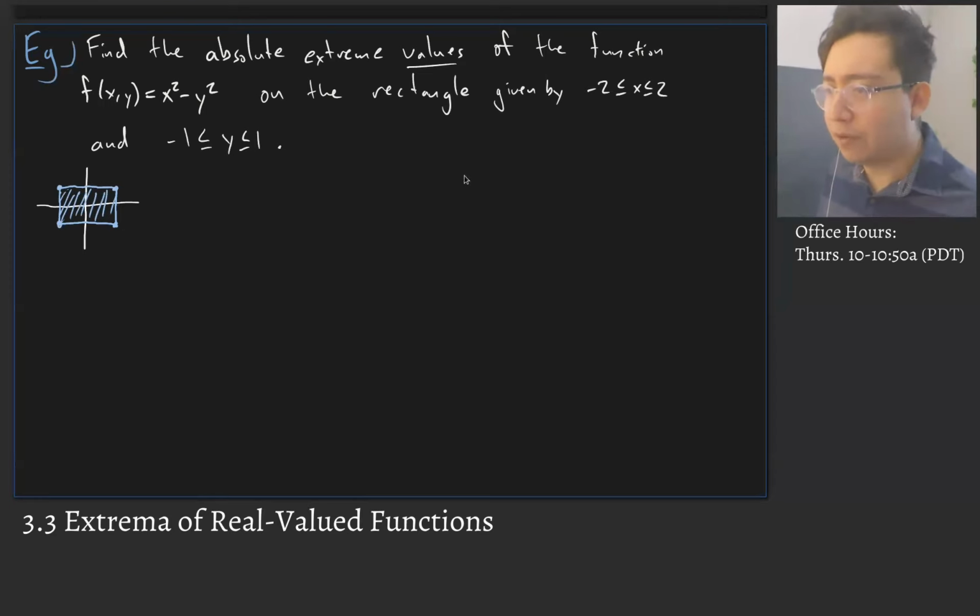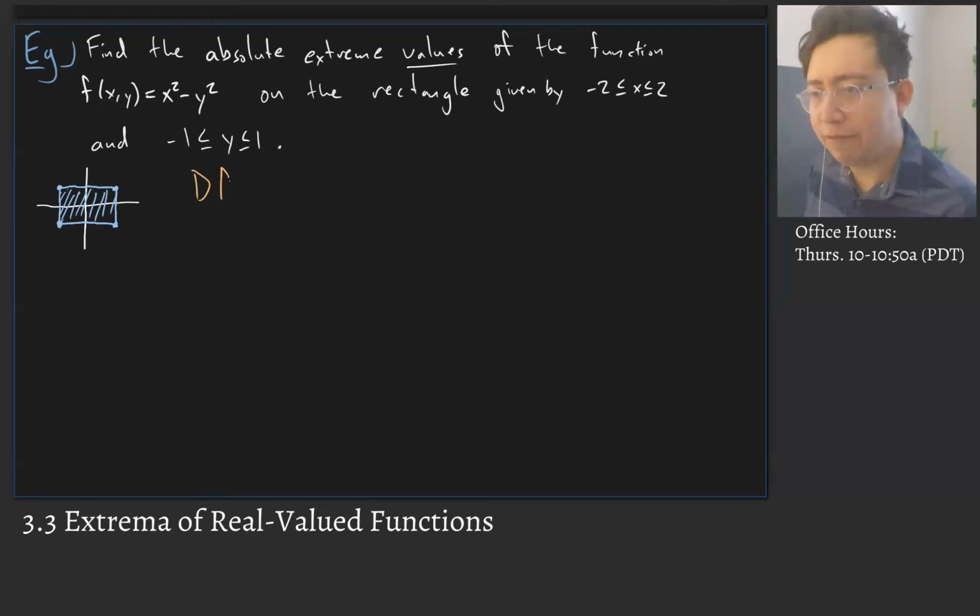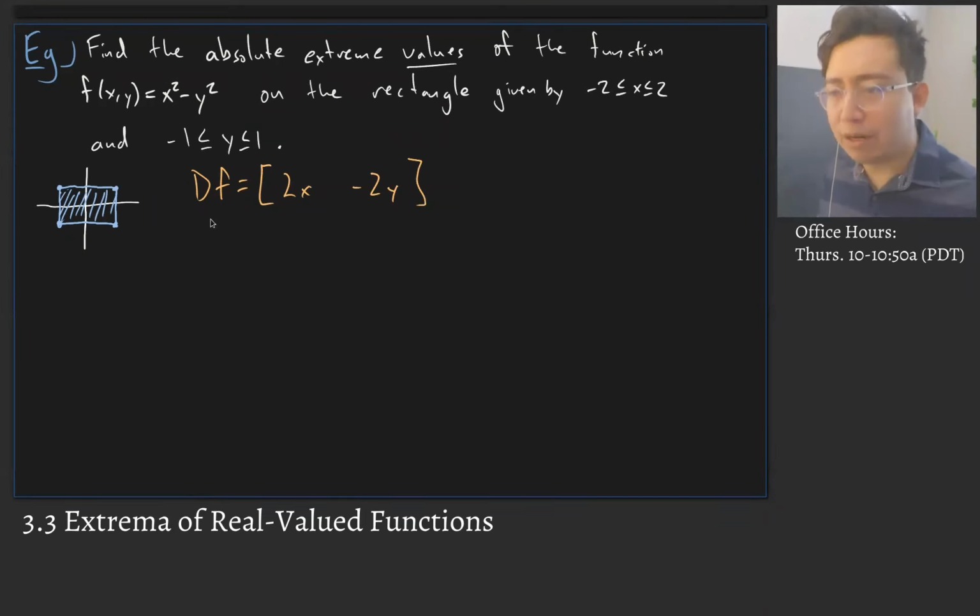Let's start, of course, by finding the critical points on the inside. So let's take df of this function, and we get 2x and -2y. If we set this equal to 0, we get a critical point at (0, 0).